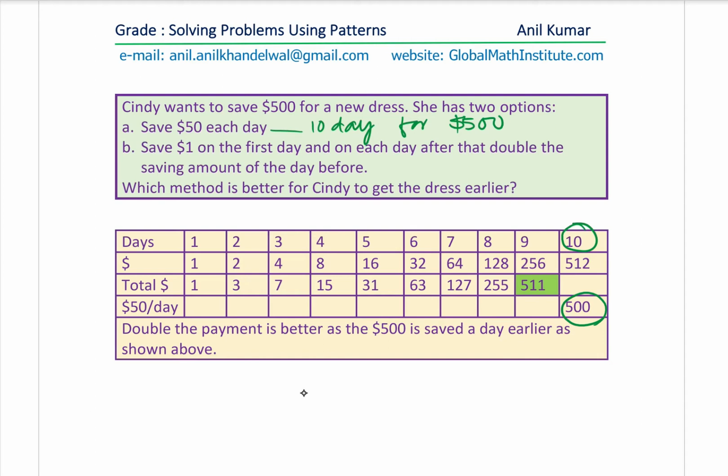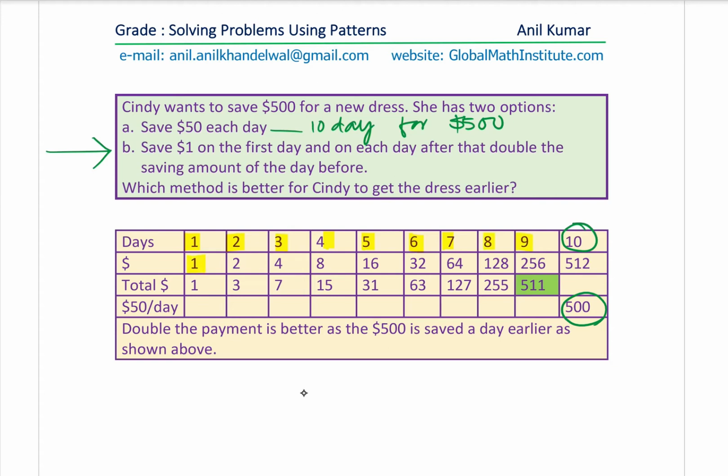Now, how does the saving go for the second option, which is save $1 on the first day, and on each day after that, double the saving amount of the previous day. So what we are doing is we have each day. So these are your days, and we don't know how many she is going to take, but she starts with $1.